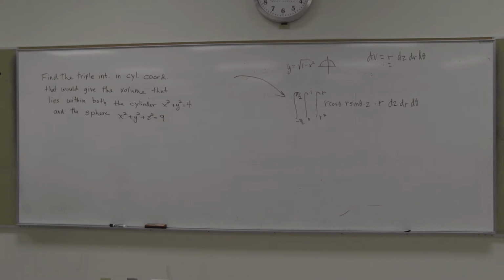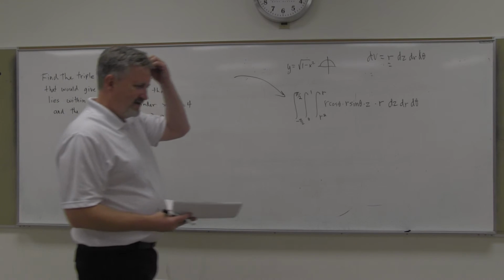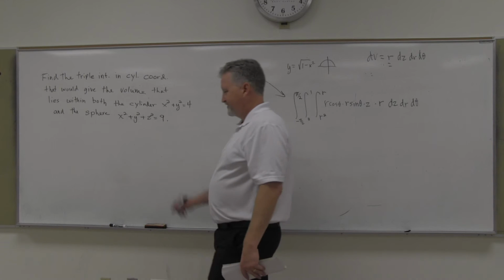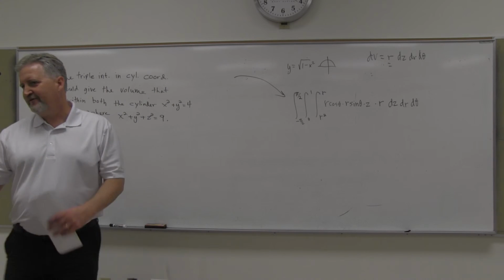I don't know that we've done a whole lot of spheres here lately, but we talked about it way back when, and here's another chance. Okay, so this is interesting.